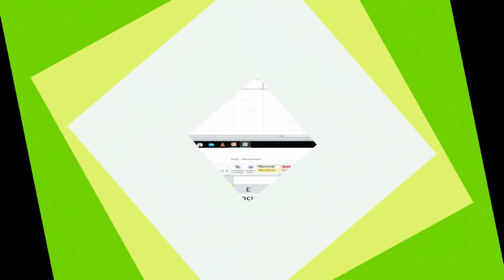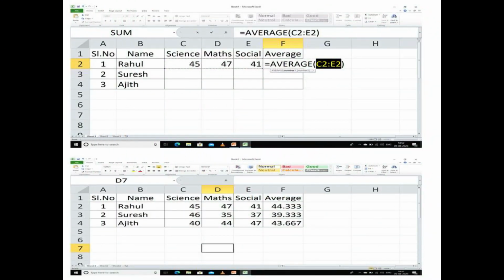Children, if you observe the first picture, in that first picture I have entered the data: serial number, name, that is name of the student, and next 3 cells containing the subject names science, maths and social, and next cell containing the average. In this I have entered the first marks of science, maths and social for the student Rahul.